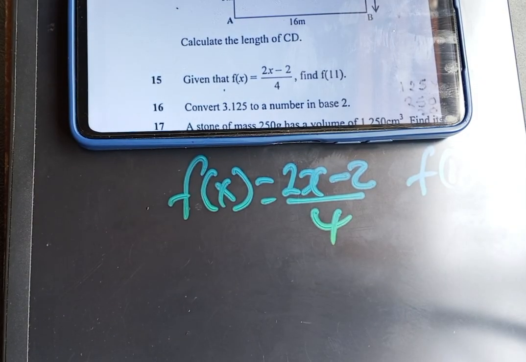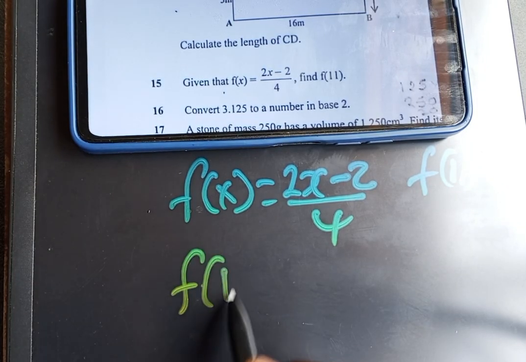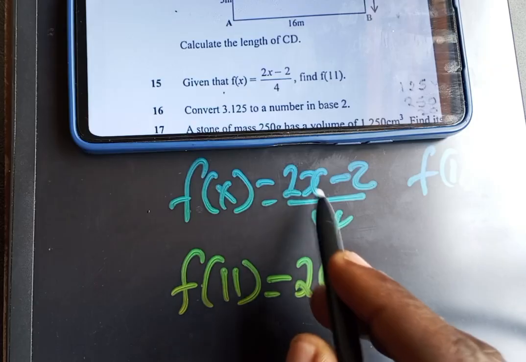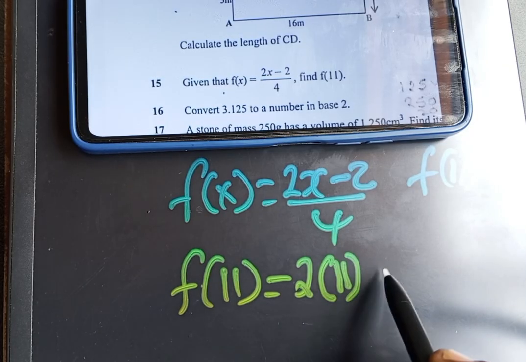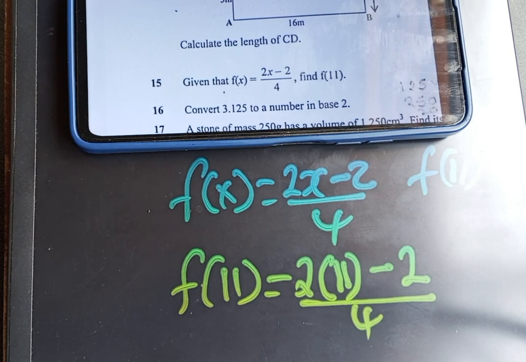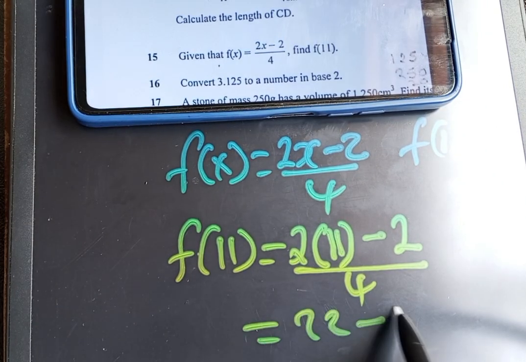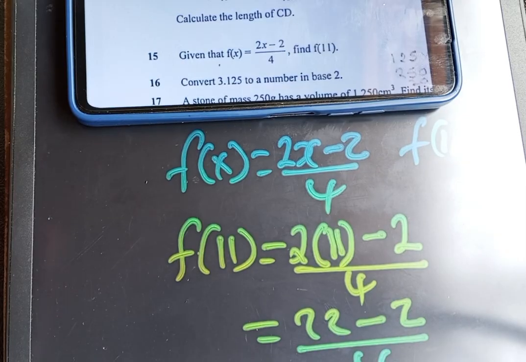This is very simple. What's the meaning of this? This means that where there's x here, we just need to replace it with 11. So I'm going to say f of 11 is 2, where there's x, we're just plugging in the 11, minus 2. Just follow it the way it is going. So what do you have here? 2 times 11, you have 22 minus 2 over 4 all the way.